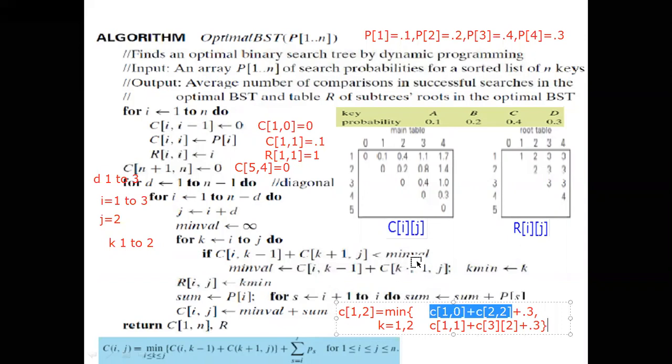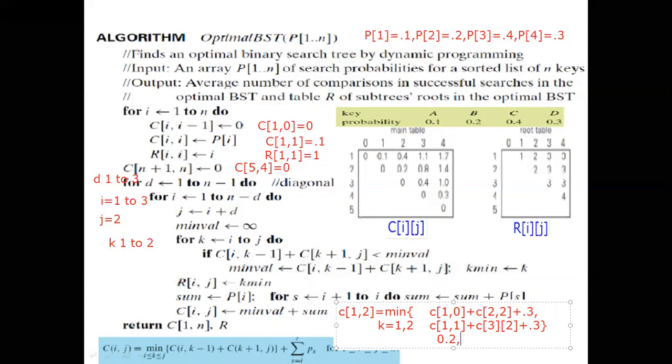That particular value will come here as 0.2, and the next value is 0.2, minimum of 0.2.